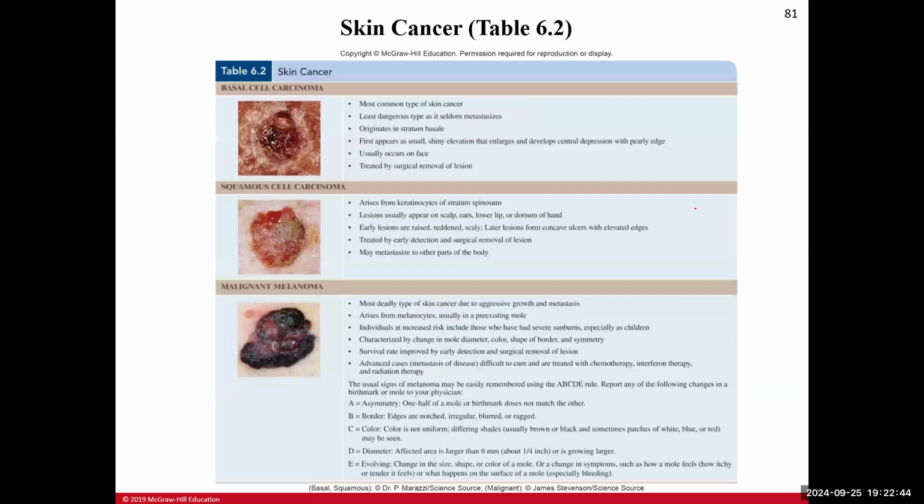When you see here on this slide, you got basal cell, squamous cell carcinoma, and then malignant melanoma. These last two, and Skylar, this is what I'm thinking. She either had probably squamous cell, maybe not the malignant melanoma, but anyways, malignant melanoma, this is the one that you have to be careful of because, well, you have to be careful of all of them.